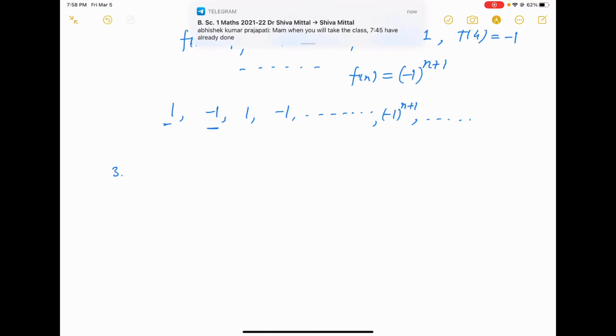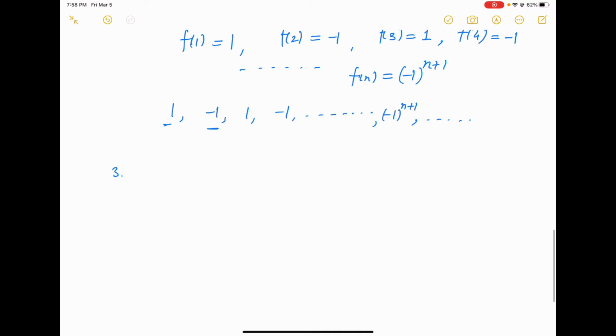Third, the map F from N to R defined by Fn is 1 upon n, n belongs to the set of natural numbers.